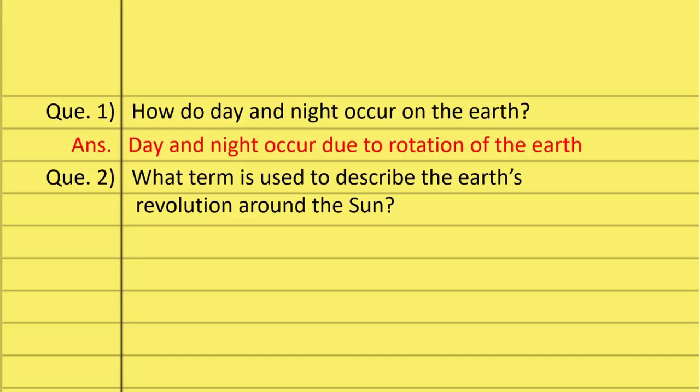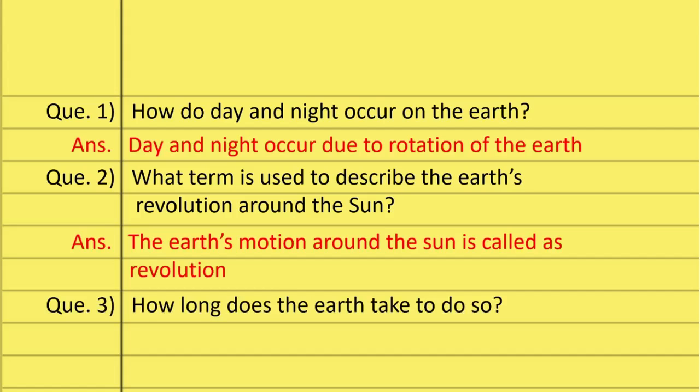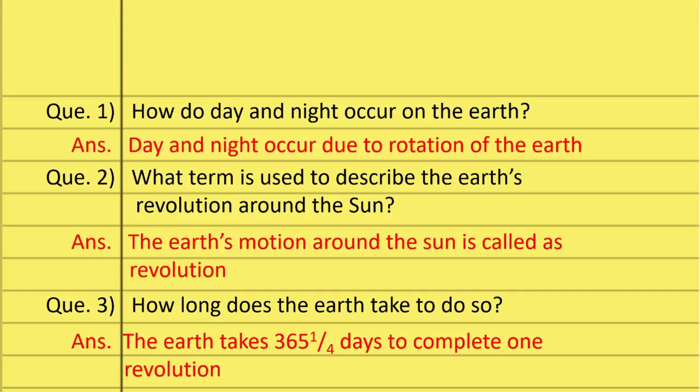The Earth's motion around the Sun is called as revolution. The term orbital motion is used to describe Earth's revolution around the Sun. How long does the Earth take to do so? The Earth takes 365 1/4 day. It means 365 days and 6 hours to complete one revolution.